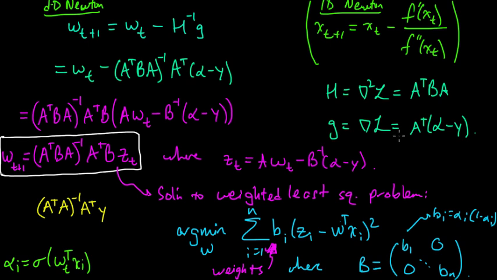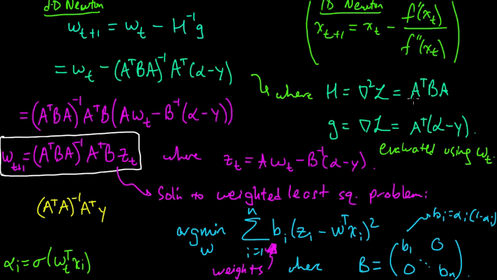To be completely clear, I should have said that B and alpha here are evaluated using w_t, because in Newton's method we evaluate the Hessian and the gradient at the point w_t.